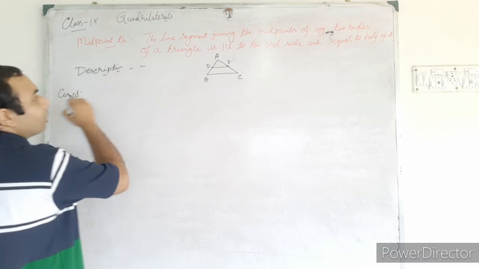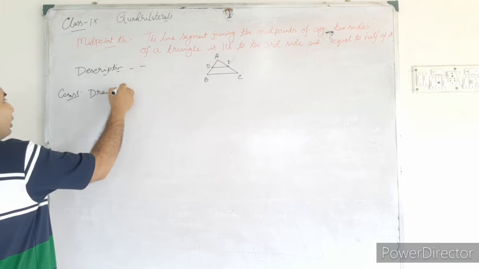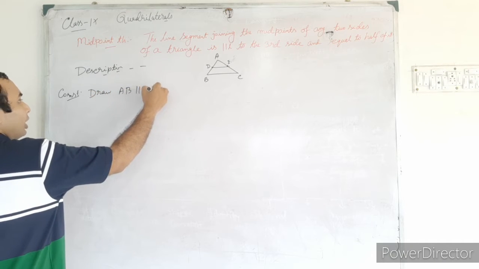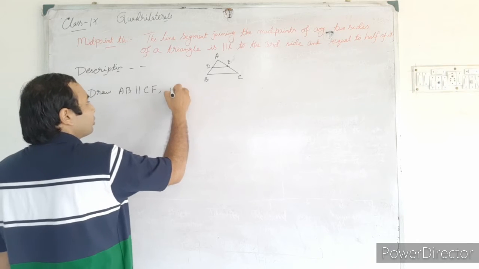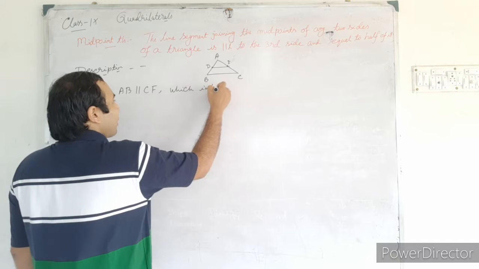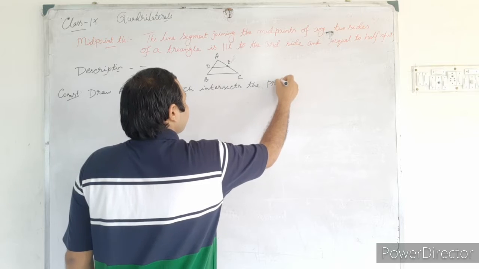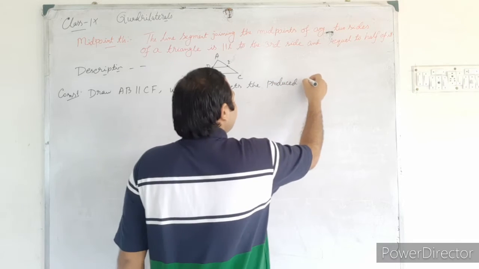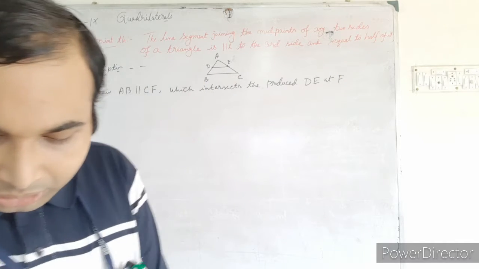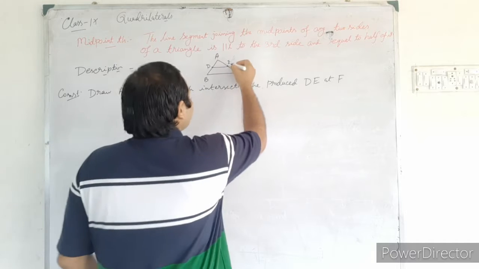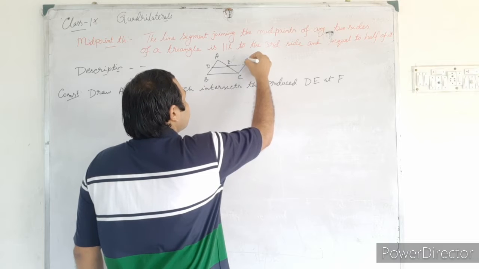Construction: draw CF parallel to AB, which intersects the produced DE at F. So that means we have to draw this: DE will be produced here and this will be CF.